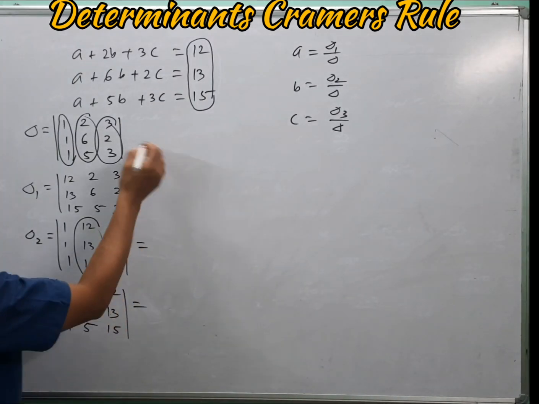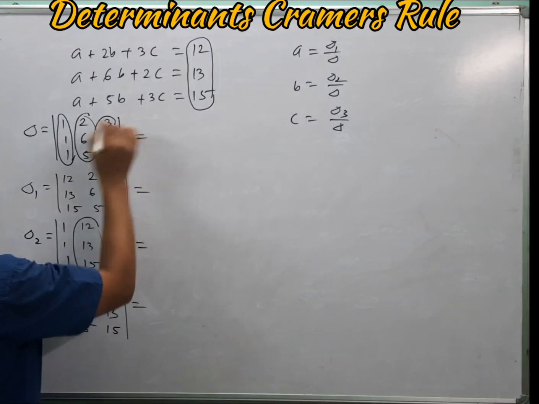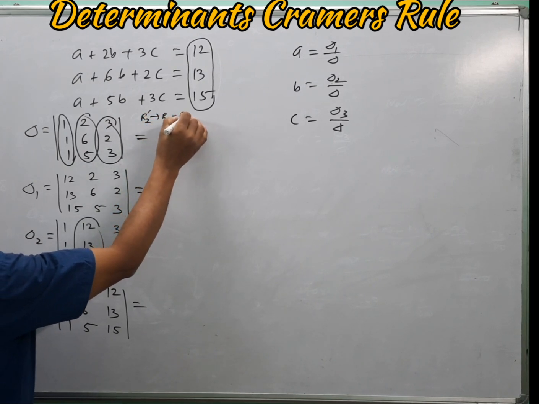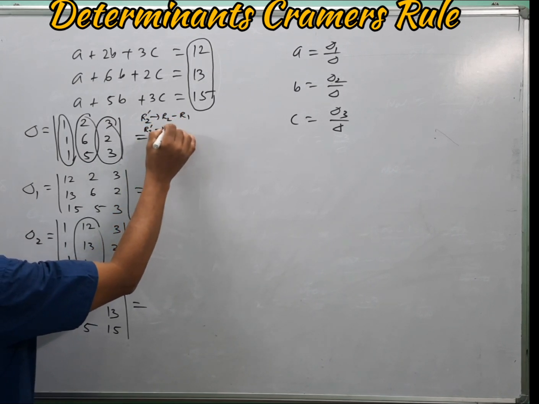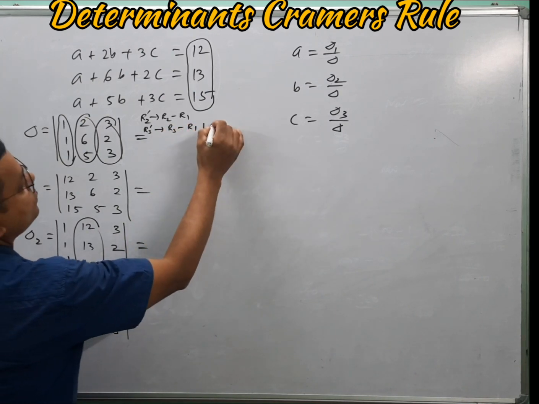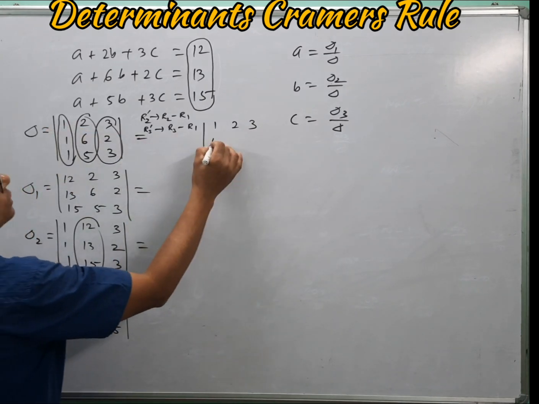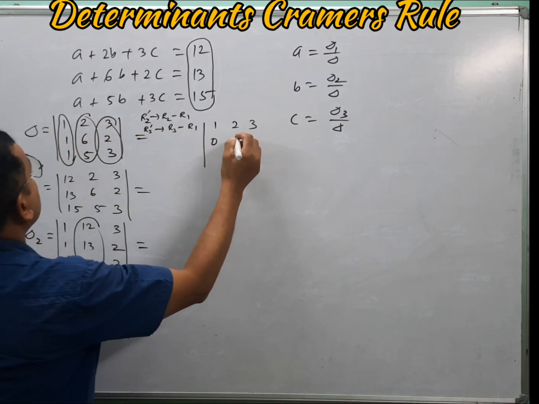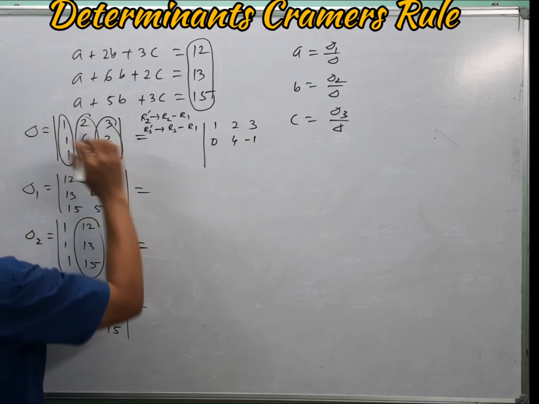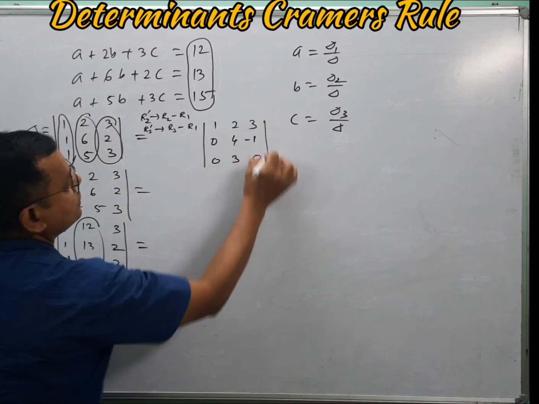So first of all we will solve this delta. Delta, how can we solve? We can apply here R2 goes to R2 minus R1, R3 goes to R3 minus R1, and you are getting here 1, 2, 3, 1 minus 1 is 0, 6 minus 2 is 4, 2 minus 3 is minus 1, 1 minus 1 is 0, 5 minus 2 is 3, 3 minus 3 is 0.